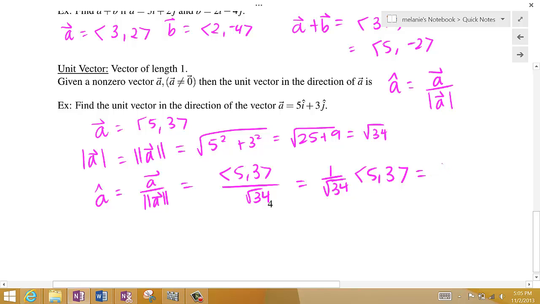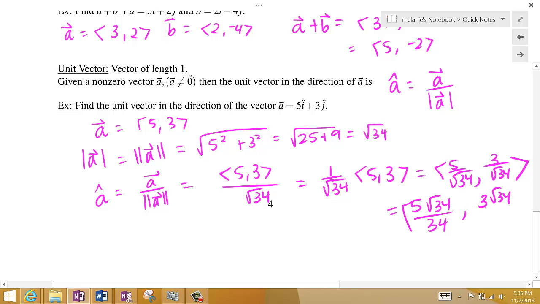Sometimes you'll see it where it's distributed, 5 over root 34, comma, 3 over root 34. And sometimes we might even rationalize this. Multiply the top and the bottom by the square root of 34 on each piece. There we go.